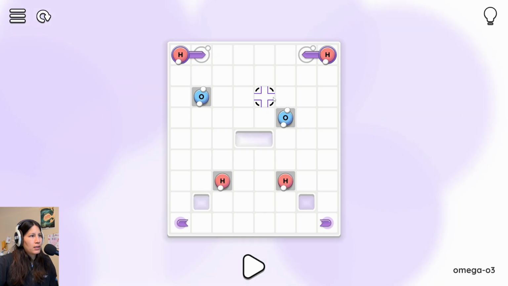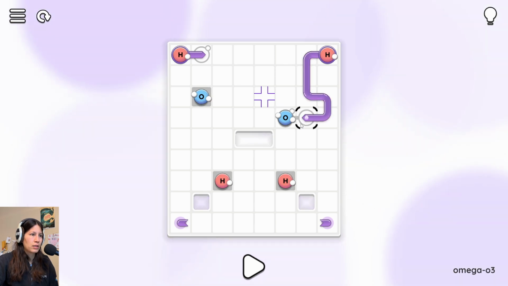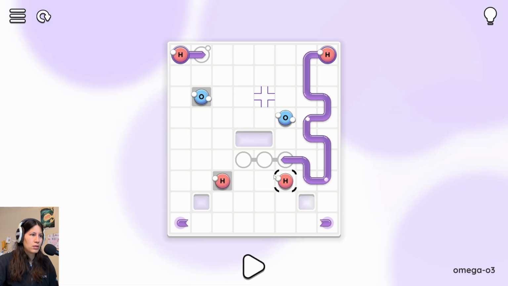Alright, more H2O. So here, going on the right. So I want it up and to the left. Right. Up or to the left. It's gonna go in a straight line, both of them. So, left. Left. Shoot, whoa.